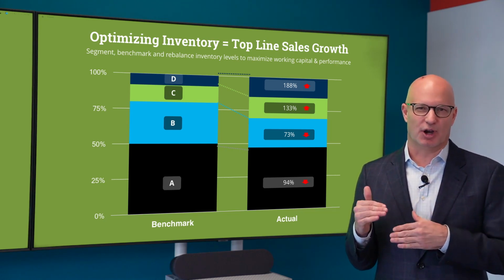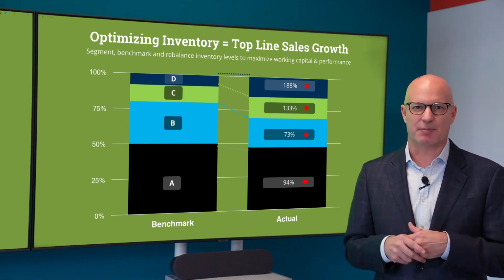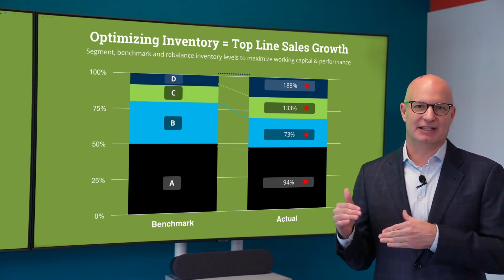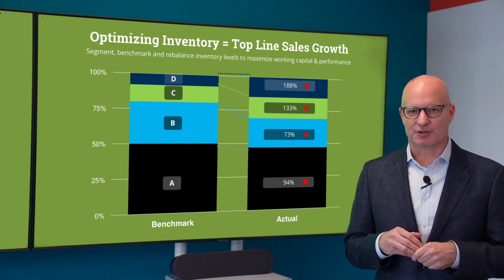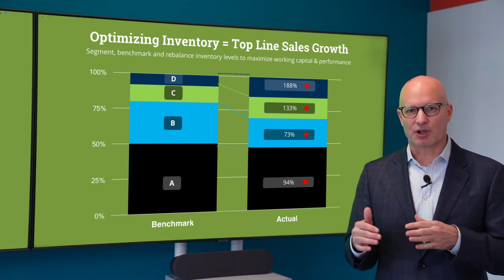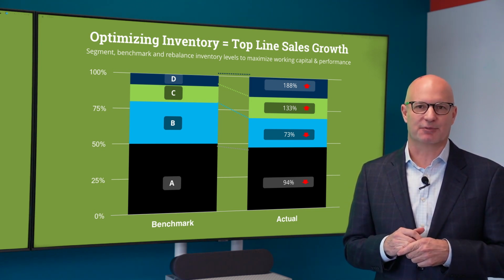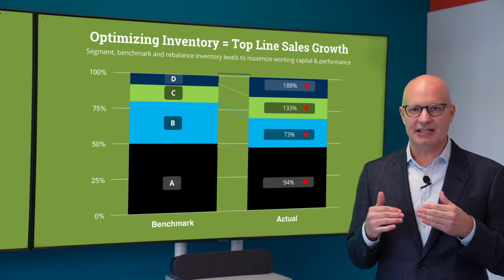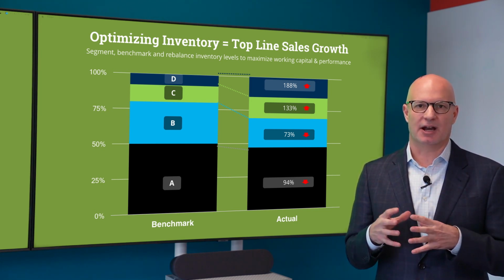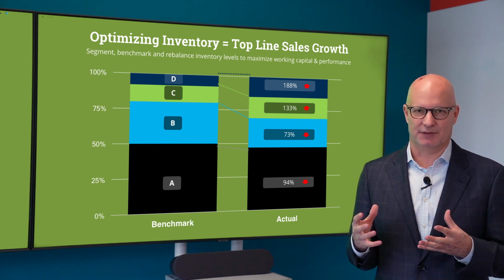What we find with our clients today, what we find in the industry, is that your A's are really below, maybe 94, 95% of where they should be to meet the demand and serve your customers the best you can. The B SKUs are really around 73 to 75% of the inventory level they should be, and your D's and your C's are making up a disproportionate amount of the inventory.